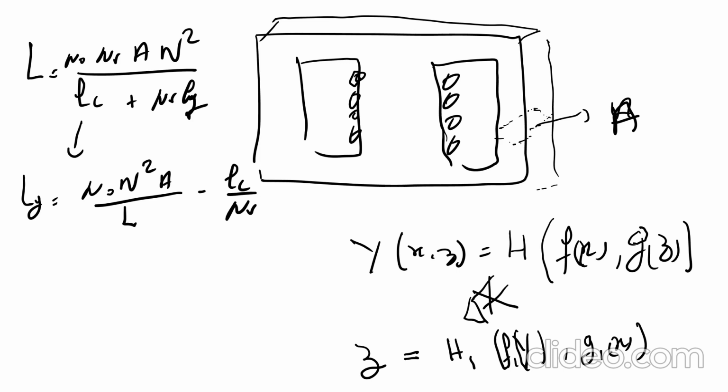If you increase the cross section by a factor of x, the magnetic flux density will reduce by a factor of x. And also from an energy perspective, the energy capability of the magnetic core, the magnetic material, will increase also by a factor of x.